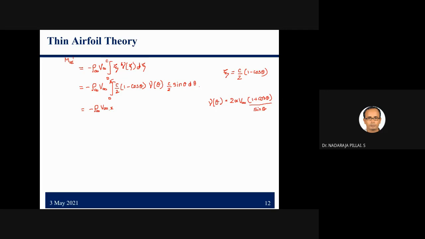So we can write rho infinity v infinity. I will write directly c. We have c by 2, c by 2, c square by 4, and 2 alpha v infinity, integral 0 to pi, 1 minus cos square theta, because we have 1 minus cos square theta, 1 plus cos theta, and all those.